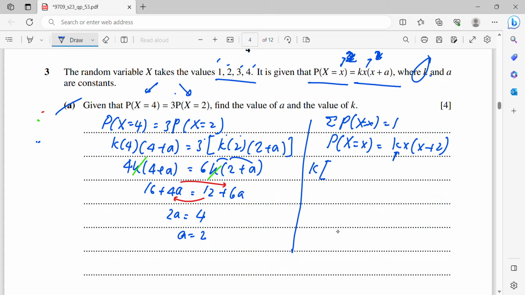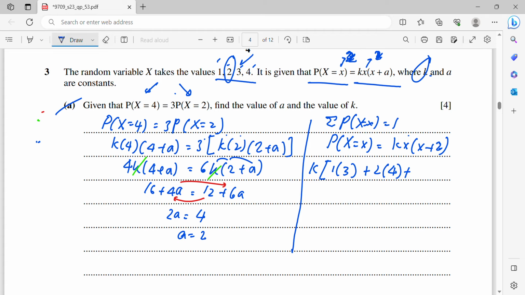When x equals 1, here is 1 times (1 plus 2), which is 3. Plus when x equals 2, I get 2 times 4, because 2 plus 2 is 4.